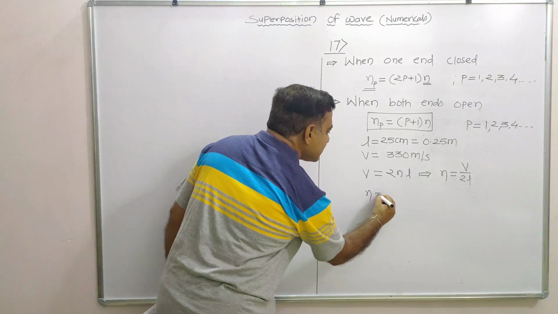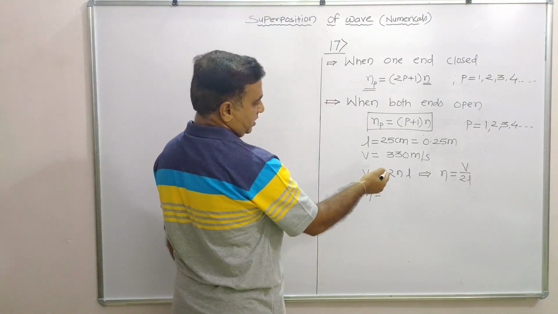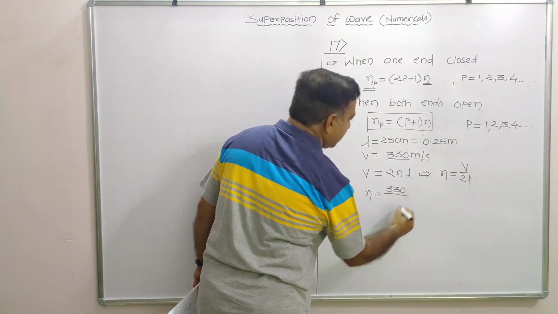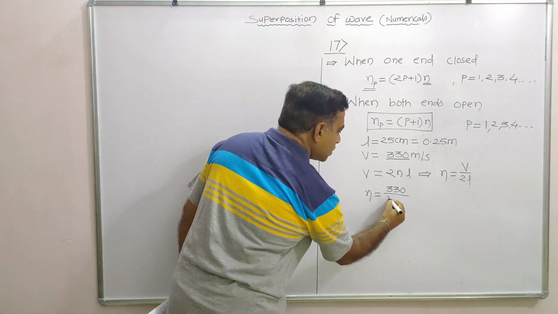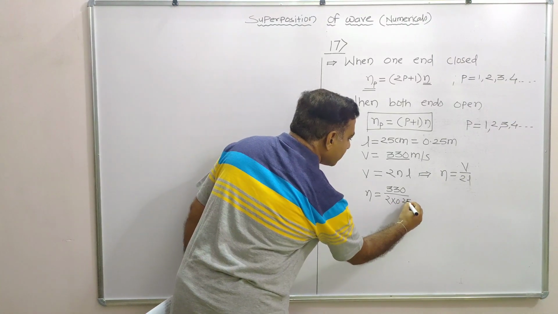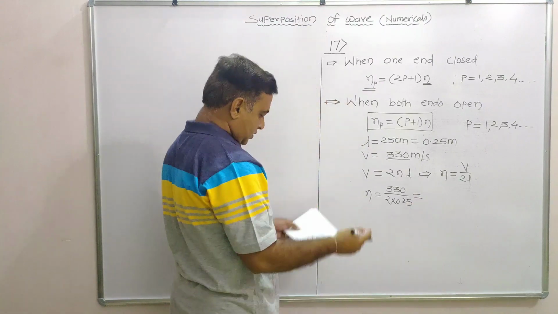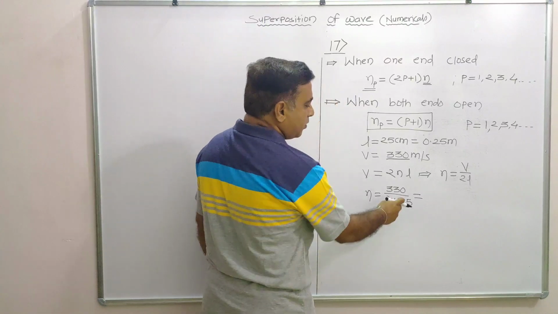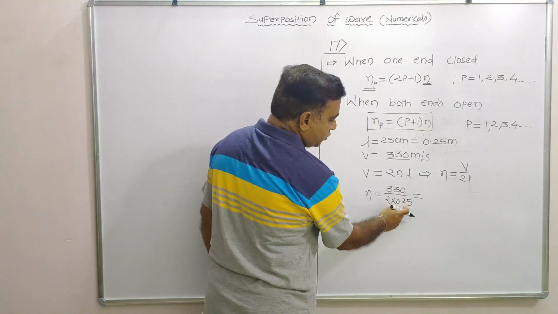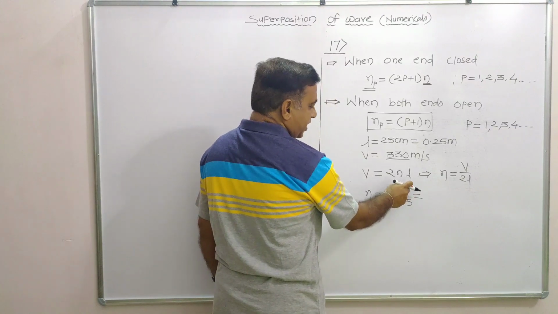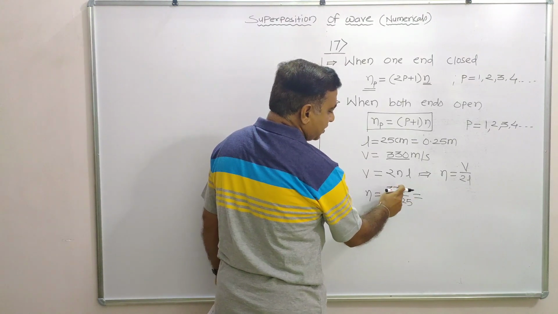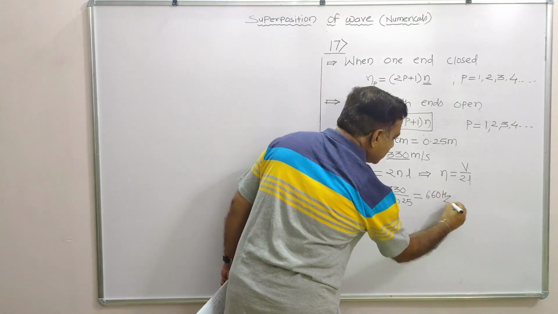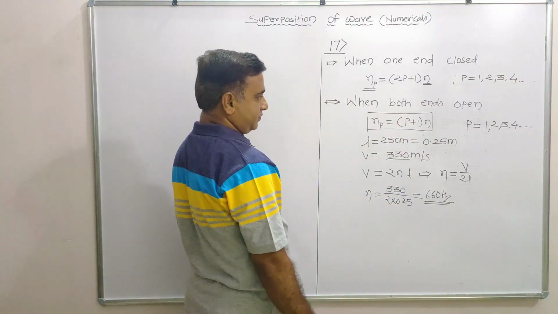Substituting, V is given as 330, and 2 into 0.25. 2 into 0.25 is 0.5, I can write 1 by 2. The 2 shifts to the numerator, so 330 into 2, that is 660 hertz is the answer for the fundamental.